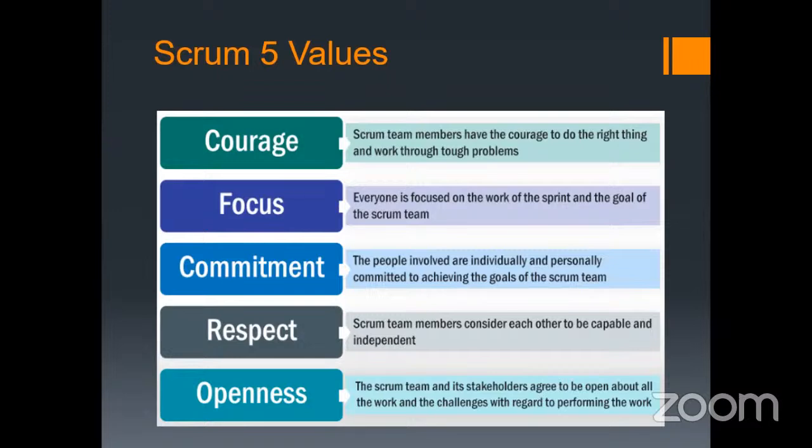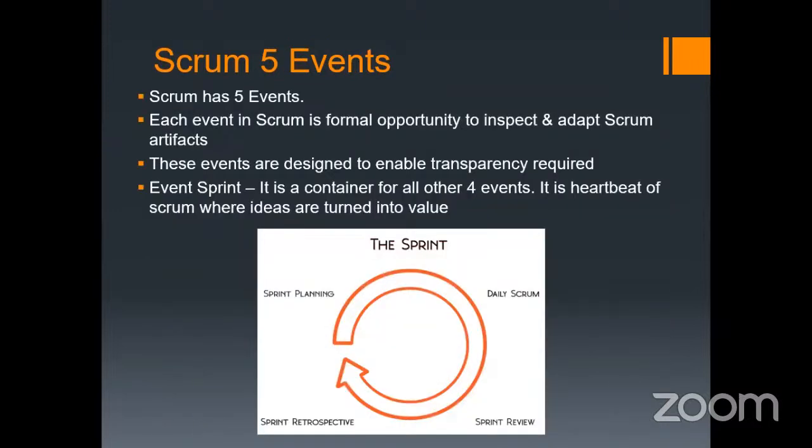And openness: the Scrum team and its stakeholders agree to be open about all the work and the challenges with regard to performing the work. So in this way, there are three Scrum pillars: transparency, inspection and adaptation, while the five Scrum values are courage, focus, commitment, respect, and openness. On this basis, Scrum is formed.